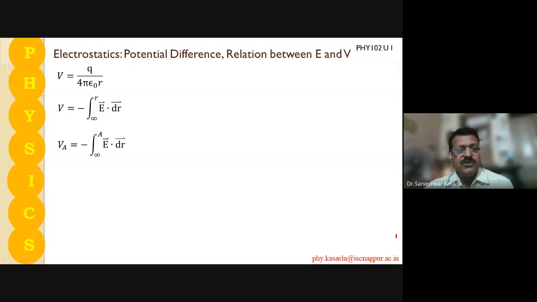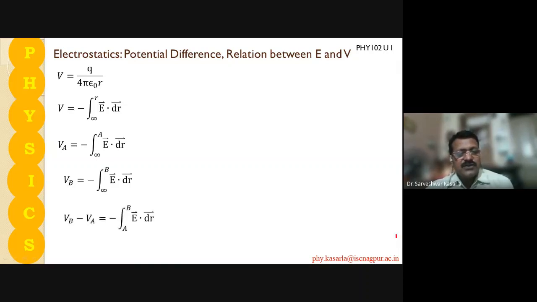So VA is equal to the integration from infinity to A of E dot dr. A is a point to which the charge can be moved from infinity. So VB can be expressed similarly. A and B are different points, and the potential at point B will be expressed like this.